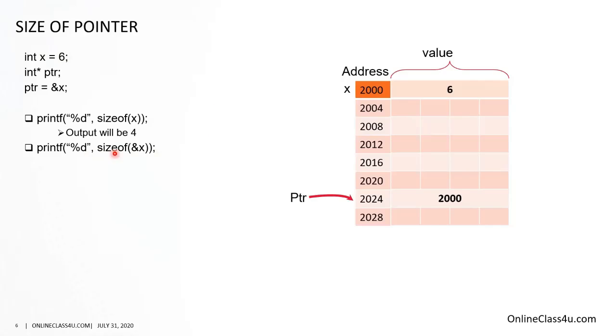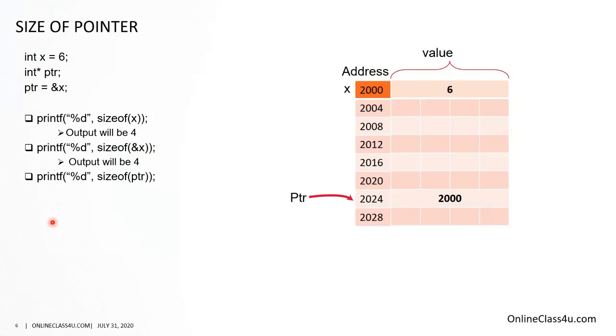Now what will be sizeof(&x)? &x is the memory location, which is 2000, and this is a value actually. A memory location is a number, which is 2000. How many bytes does it occupy? It occupies 4 bytes, so the output of printf of sizeof(&x) will be 4.